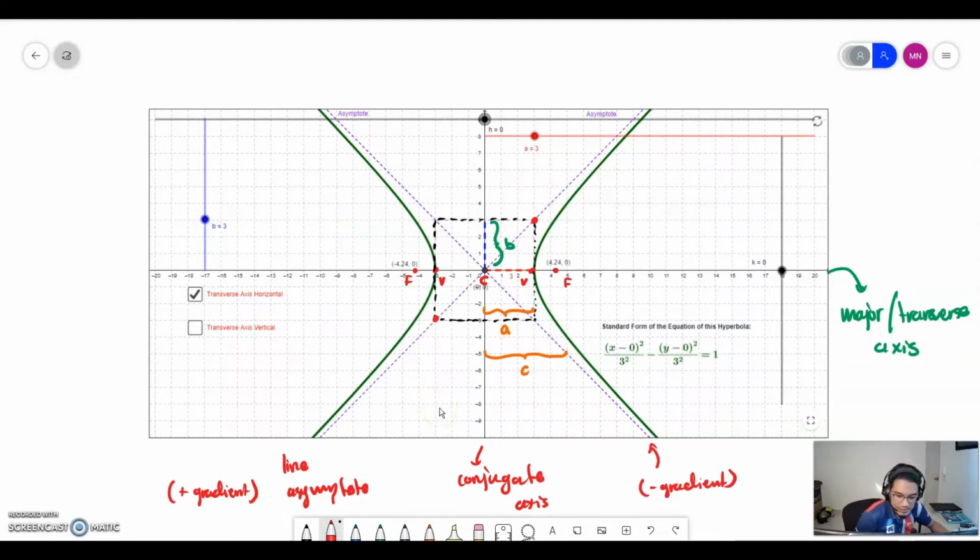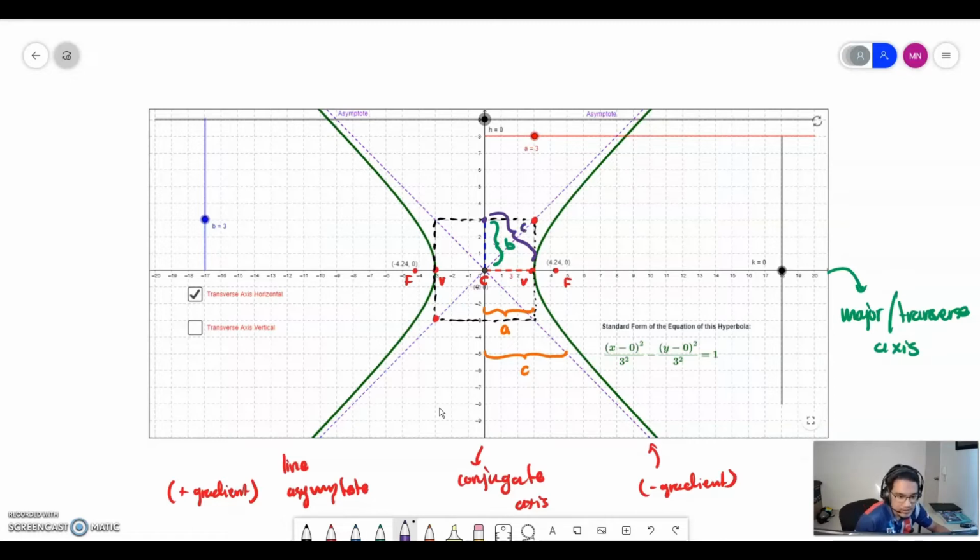For the equation of c, we know that c is from the center to the focus. So the length of c is equal to the length from the top of b to the vertex.